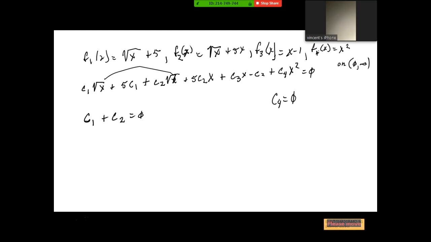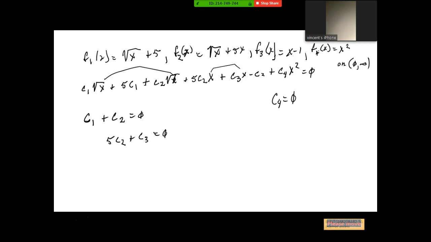Now, there's another issue here, that 5C2 plus C3 must equal 0, because all your x terms have to equal 0. And those are the only 2 x terms you have.